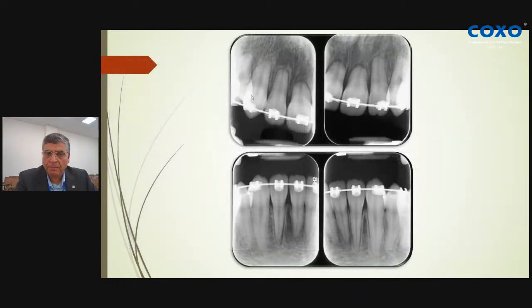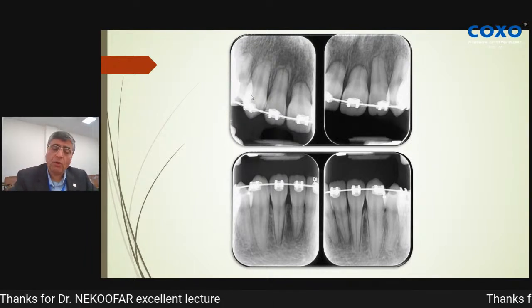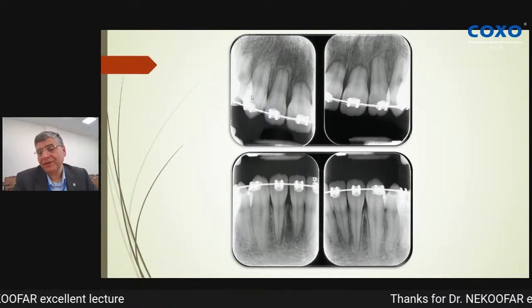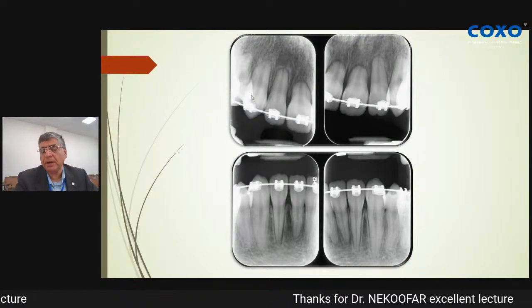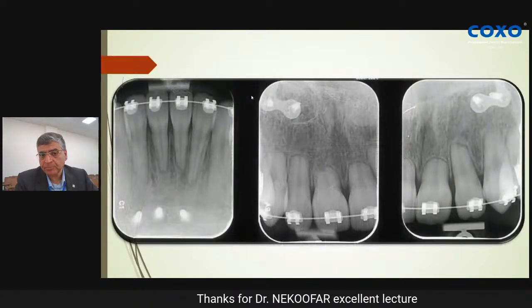I kept an eye on the patient. I looked at each one by reducing the force and, for a short time, by stopping the orthodontic force, and evaluating the pulp status by doing diagnostic tests.